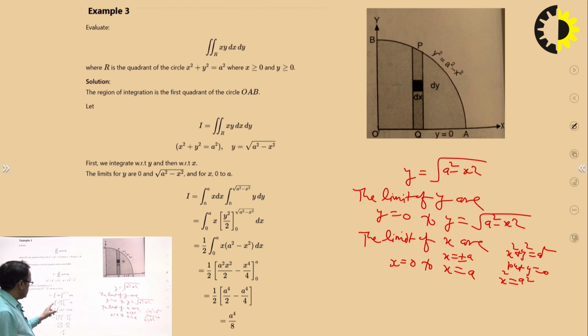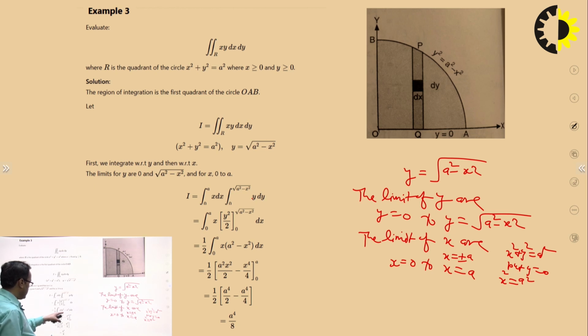The integration of y with respect to y is y square by 2, with limit 0 to under root a square minus x square, which is equal to 1 by 2, the integral from 0 to a of x times y square, where y square means a square minus x square, dx.